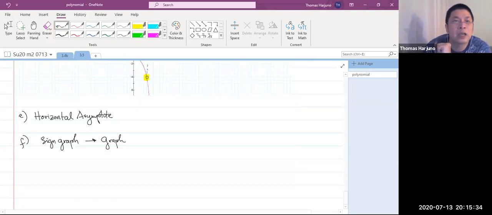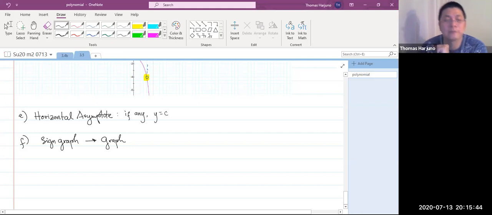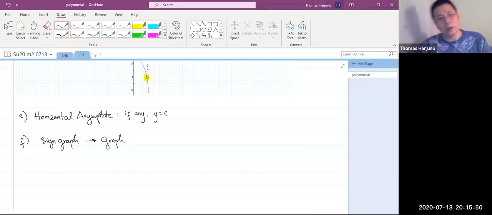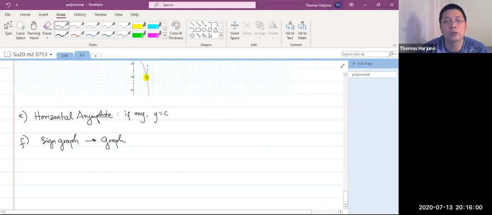But I need to say that horizontal asymptote will be, if any, y equals a constant. So we have rational functions that don't have vertical asymptote. We also have rational functions that don't have horizontal asymptote.